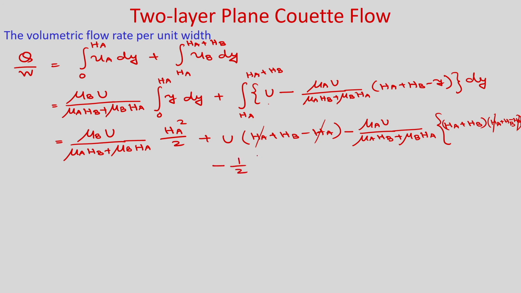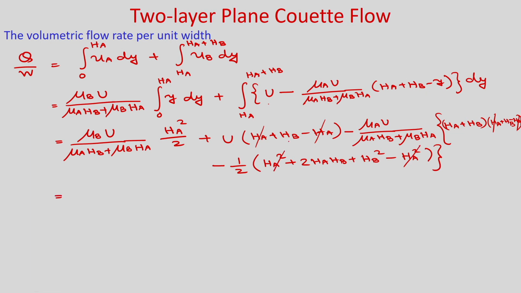So, what is y square? Now, you can see y square will be (Ha plus Hb) square minus Ha square. That means you can write Ha square plus twice Ha Hb plus Hb square, and minus Ha square. Okay. So, this Ha square will get cancelled.